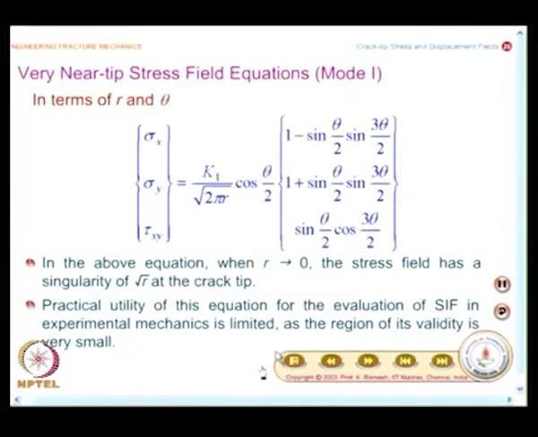We will do all of them, then come to mode 2, and then at length discuss the higher order solution for fracture mechanics. So, we will have to wait until you come to that stage. That is needed if you want to evaluate the stress intensity factor based on experimental mechanics. So, we would do that.